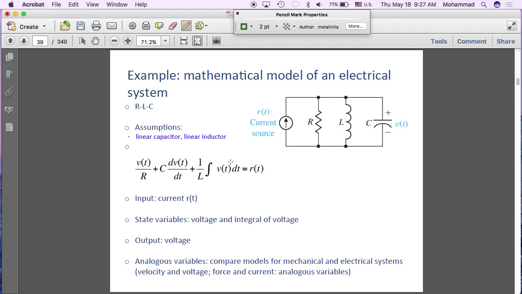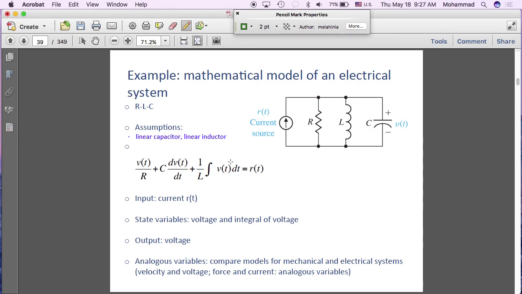This circuit has a source of current, so we can control how much current we put into the circuit, and all three elements are in parallel, so the voltage across them is equal.